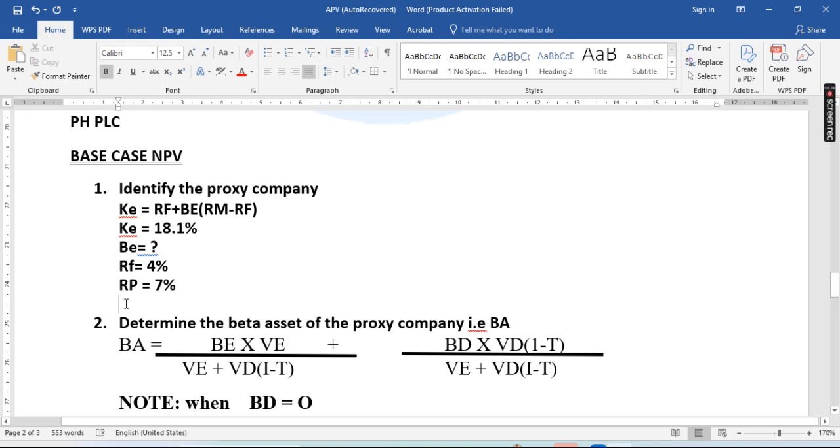So 18.1 equals risk-free 4 plus equity beta BE, open bracket, the market premium, the difference between the market return and risk-free. That is 7.